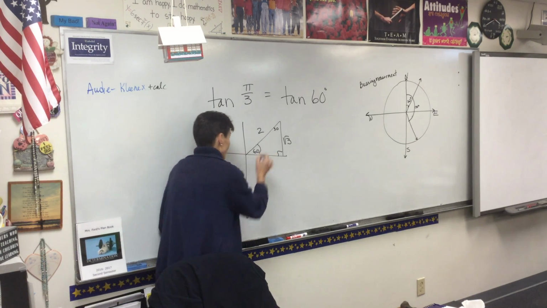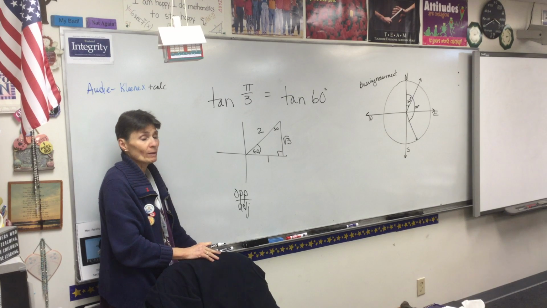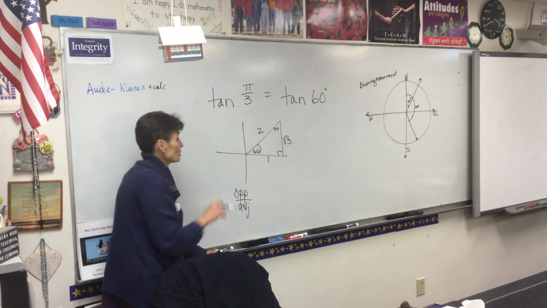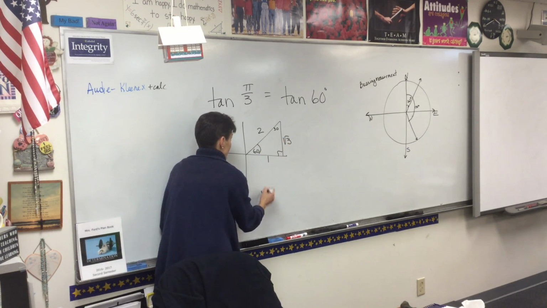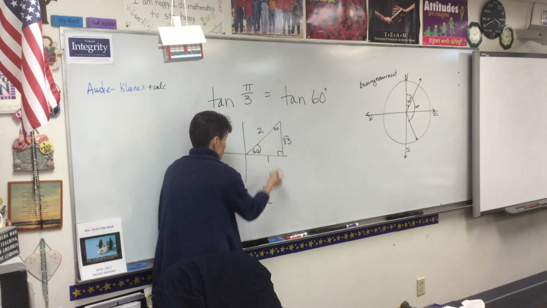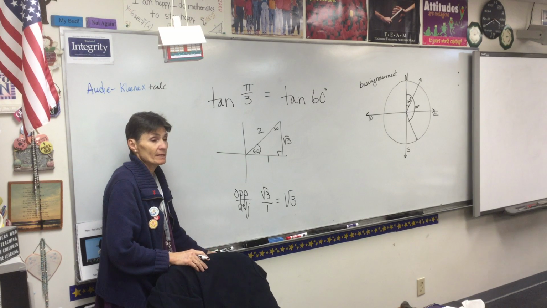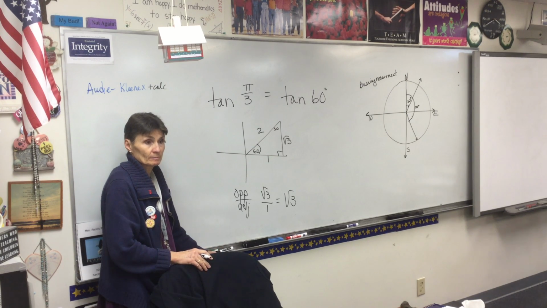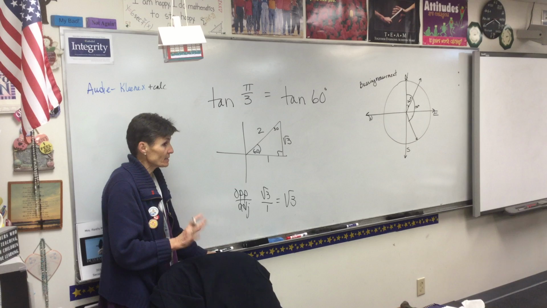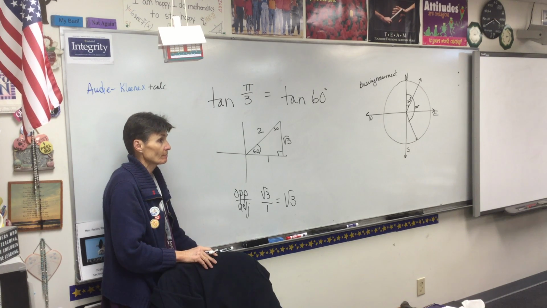Now, this is the angle we're dealing with. Always the angle at the origin. So, opposite is root 3, and adjacent is 1. So the answer to the problem is root 3. Everybody still remember that from yesterday?